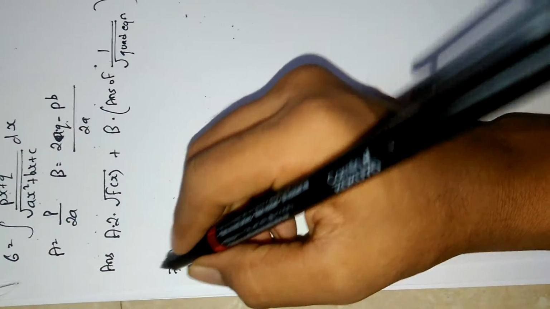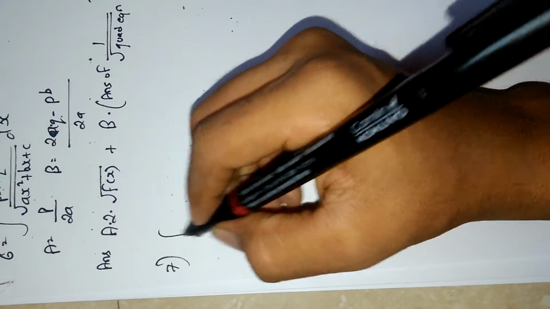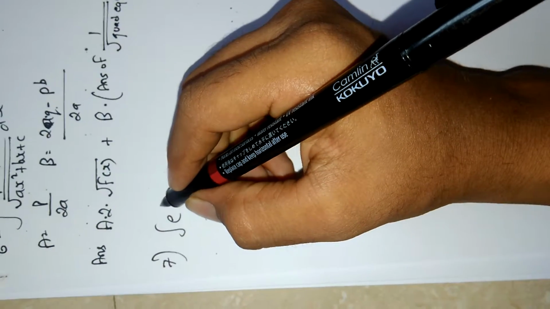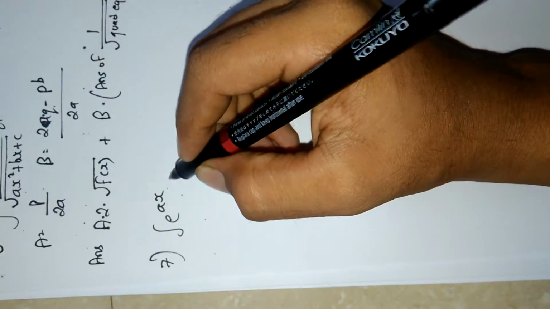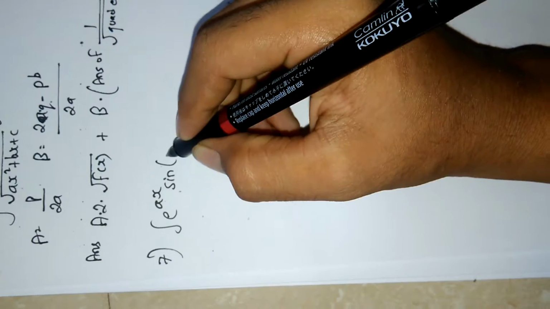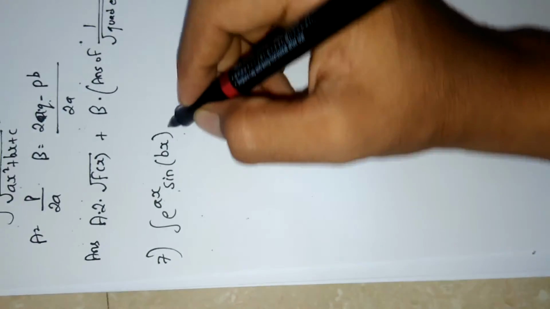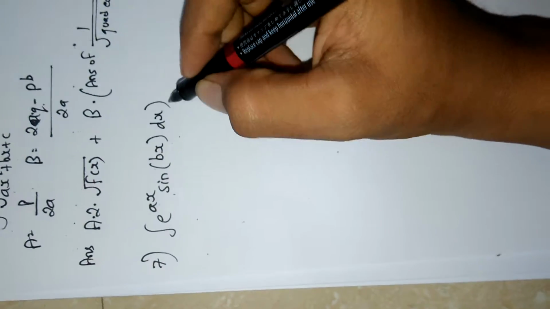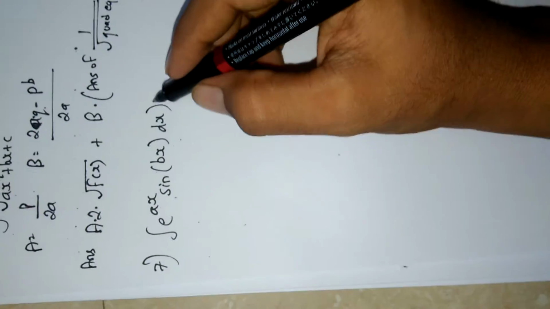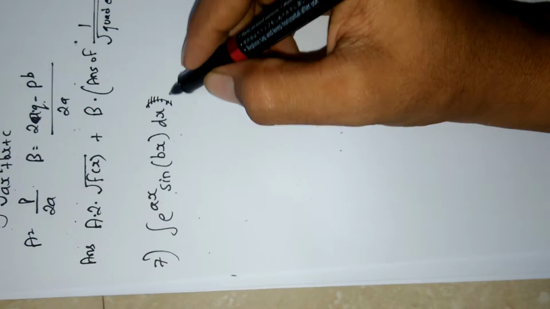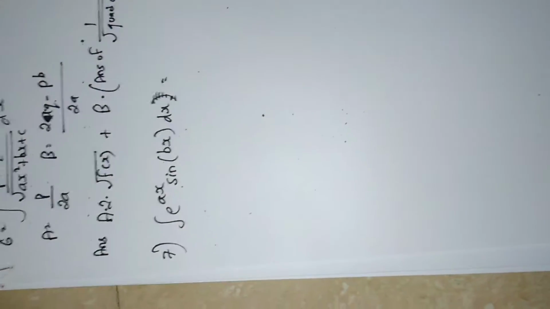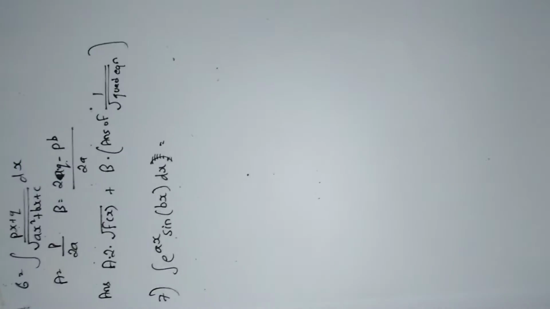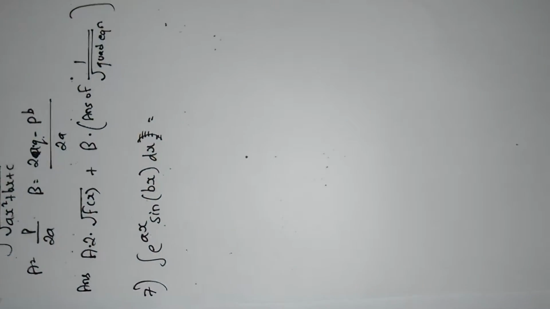Our 7th shortcut is of the type integration of e raised to a into x, sin bx dx. We have to integrate this equation where a and b are constants.